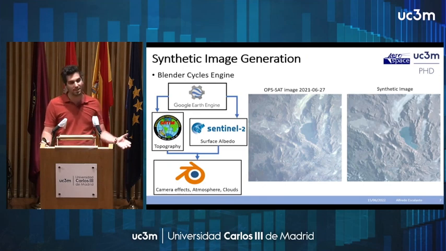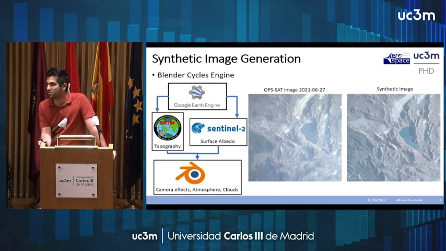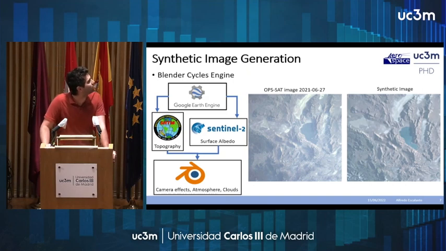For generating this kind of synthetic images for an Earth observation mission, we use Google Earth Engine, which is also a free platform in which you have access to almost any Earth observation dataset that you can imagine, for surface elevation, surface reflectance, chemical composition, so a lot of different datasets.